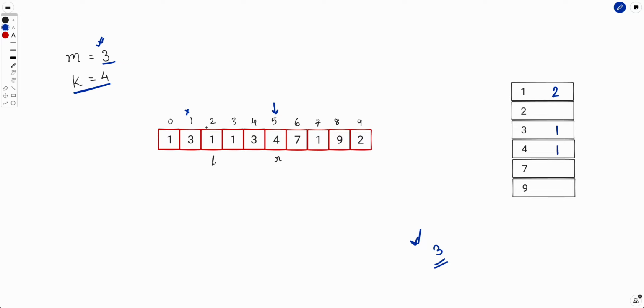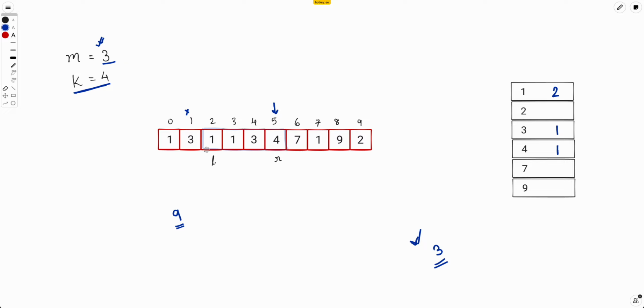It means this particular subarray is an almost equal subarray, and hence this is a valid subarray. So you will just take the sum 4 plus 3 plus 1 plus 1, which is 9, and take the maximum of this with your current result. The current result was 0, so the maximum of 0 and 9 is 9.